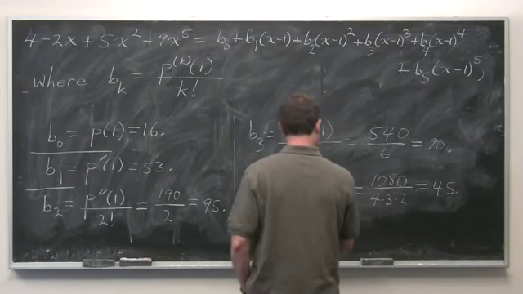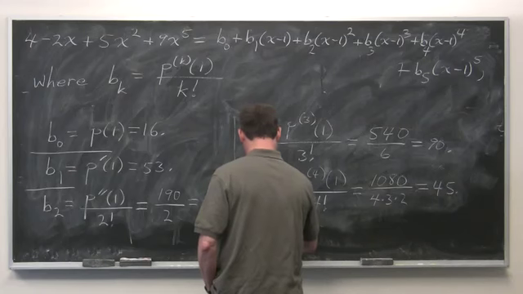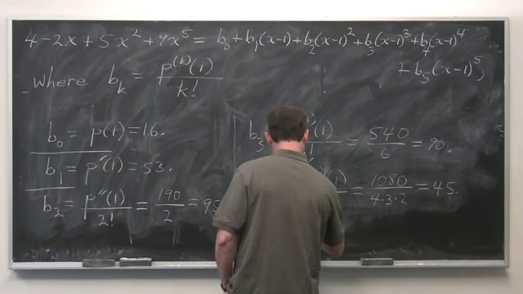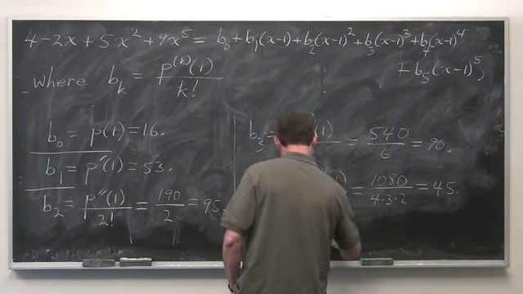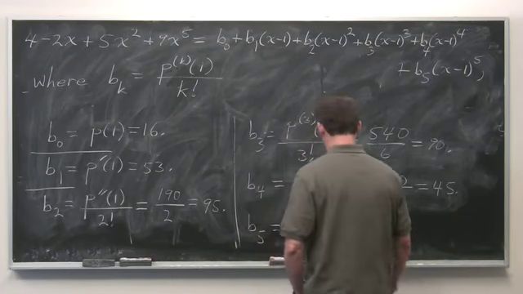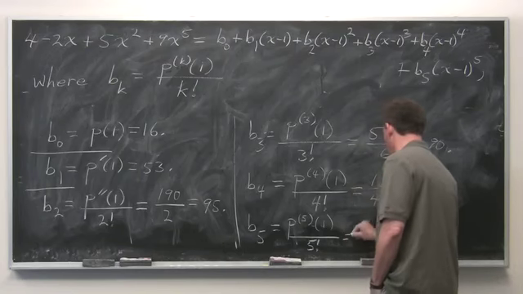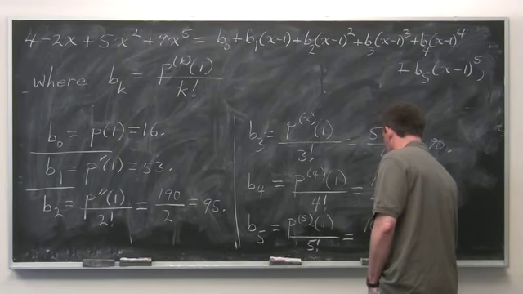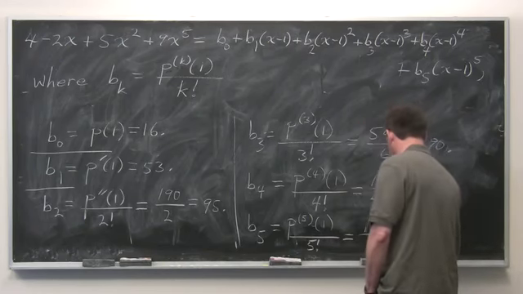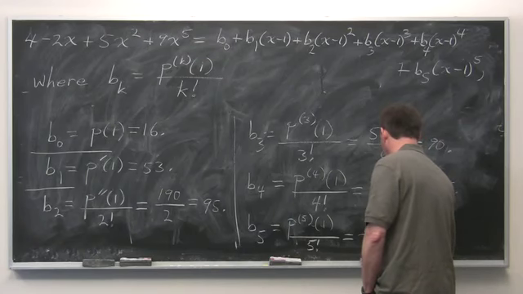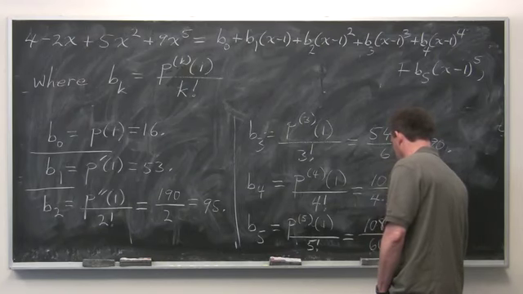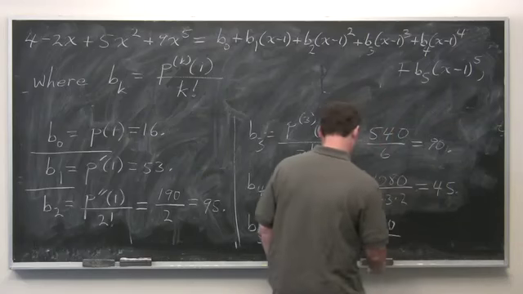And then b sub 5 is the fifth derivative of p evaluated at 1 divided by 5 factorial. We found that this is 1080 divided by... well, now it's divided by 5 factorial is... no, it's not.